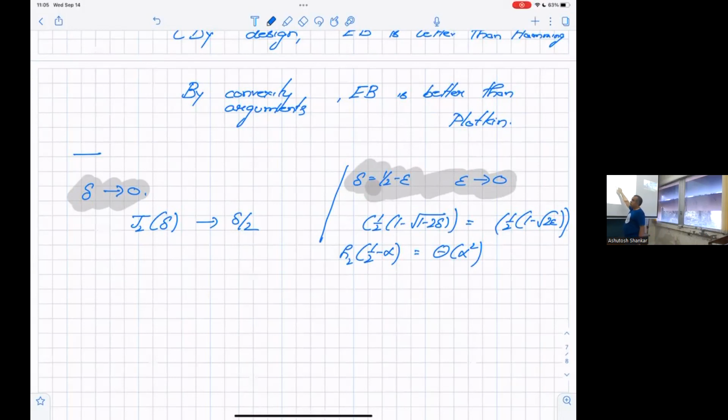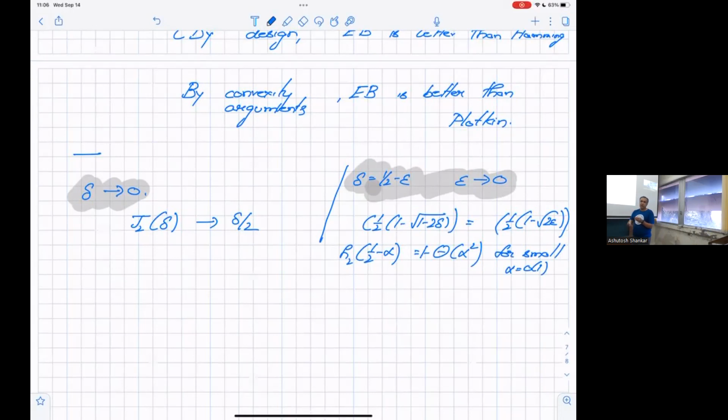There will be a constant term, which will be 1.